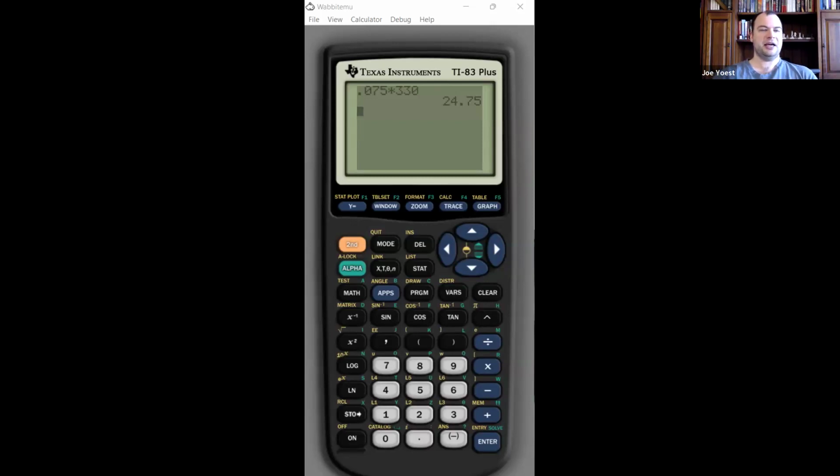I could imagine even having a word problem that would give rise to something like this. The sales tax rate in an area is 7.5%. You are going to buy an item with a stated price of $330. How much sales tax would there be on that item? And there you go, $24.75.